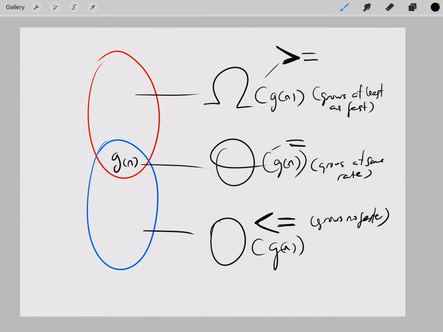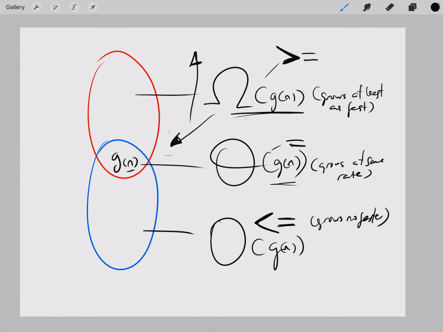For the upper part, this is talking about big O, where T of n is bounded above. This one, T of n is bounded below by g of n, so it can only go up. And this one is bounded above and below, so it's equal to g of n.